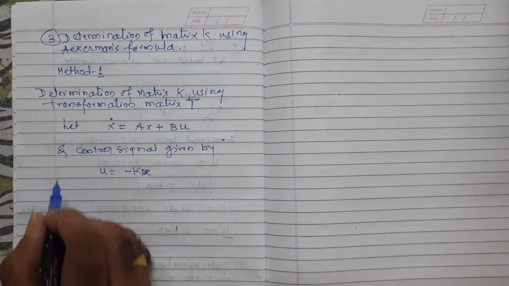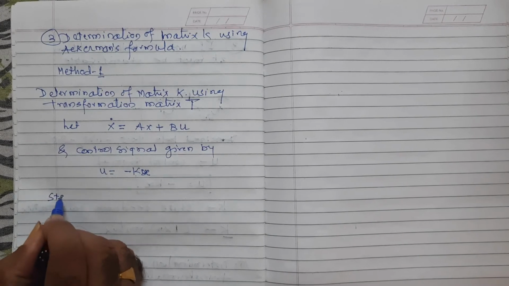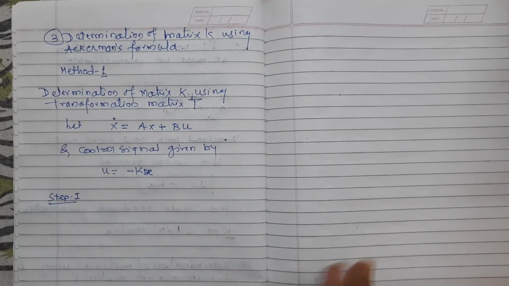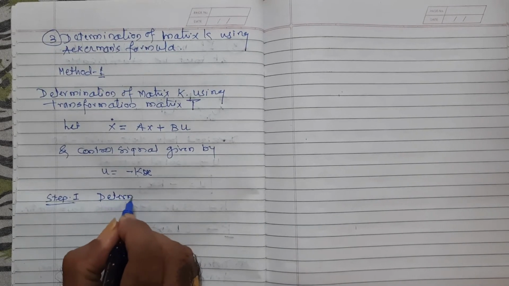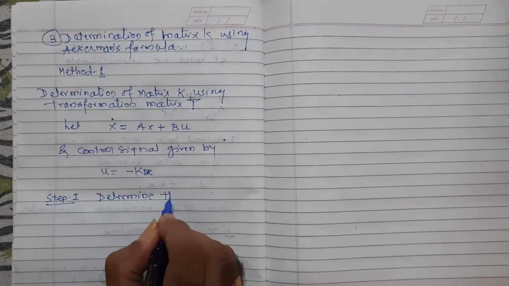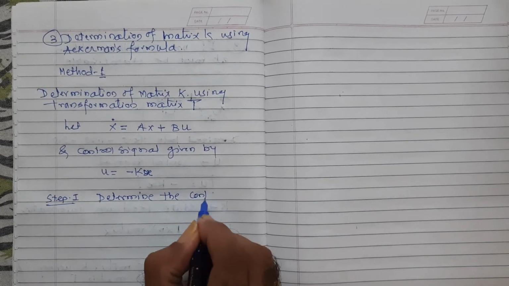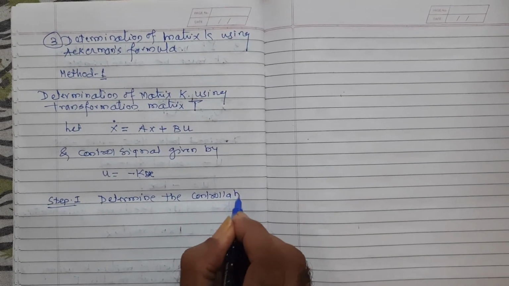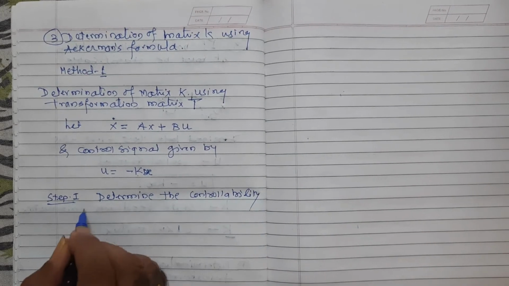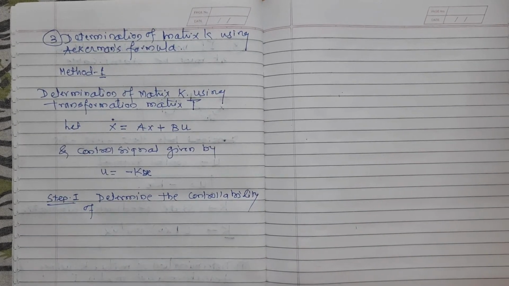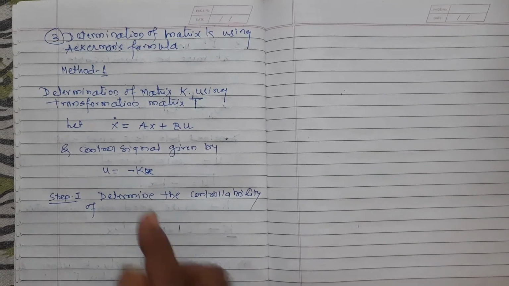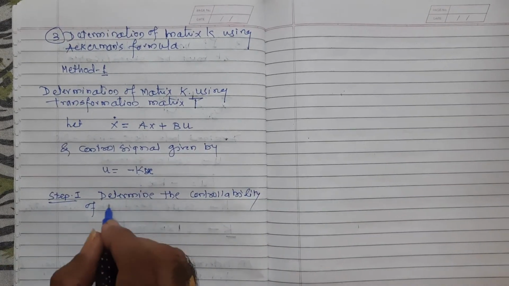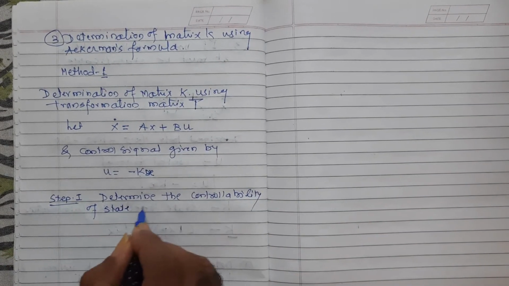Now there are certain steps. In step 1, determine the controllability of the state equation.